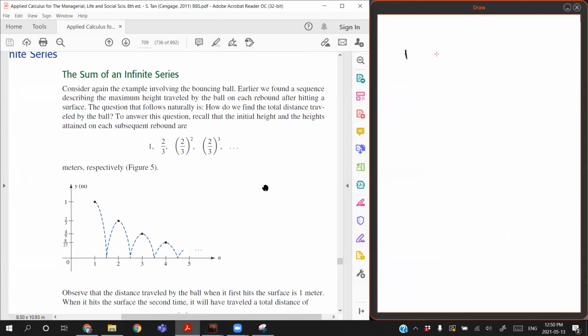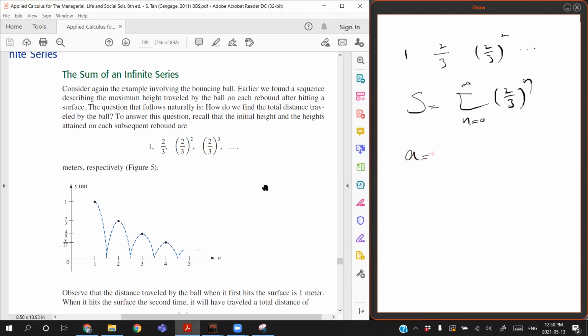So the first term is 1, then you have 2 over 3, then you have 2 over 3 to the power of 2, and so on. So the series itself would be n from 0 to infinity, 2 over 3 to the power of n. So first n is 0, you get 2 over 3 to the power of 0, you get 1. Then it's 1, then 2, then 3.